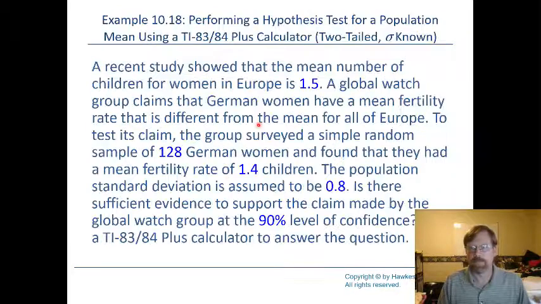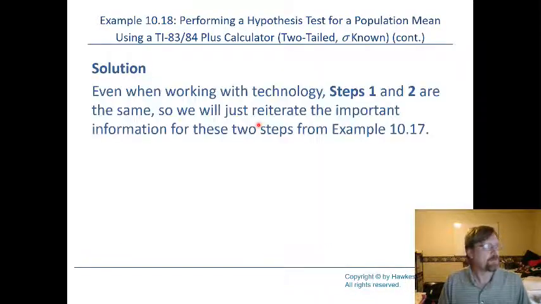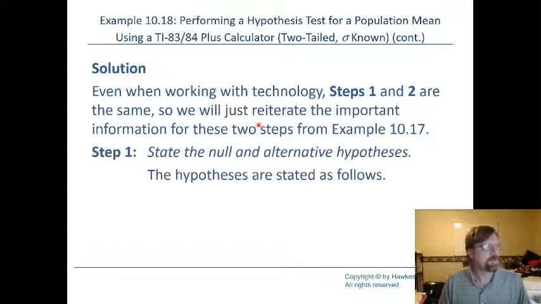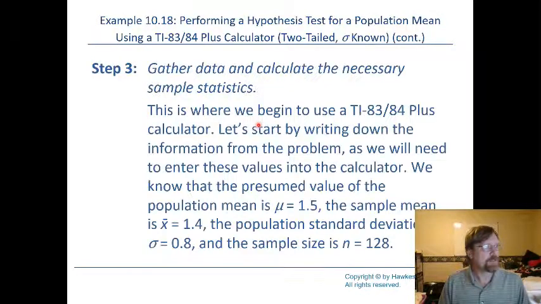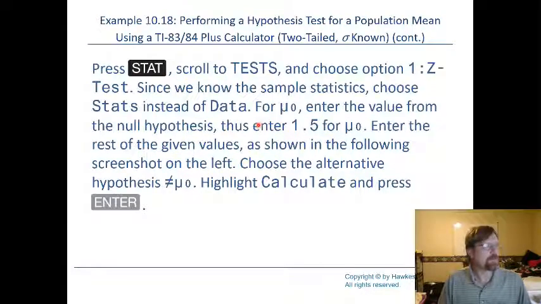We can also do this with the TI-83/84. Steps 1 and 2 will be the same, so we'll just kind of skip past those. Got our statistics there. Let's just Z-Test, choose Stats instead of Data, input our stats that we have.